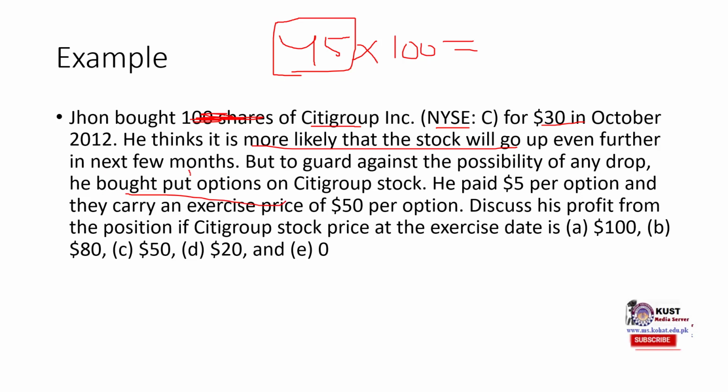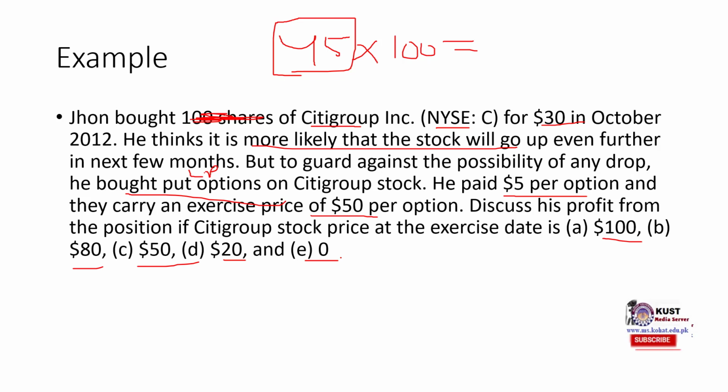Bought a put option means long put on Citigroup stock. He paid $5 per option. This is the price of the option, that is the premium. And they carry an exercise price, this is K, of 50. Discuss his profit and loss if the future spot price is 100, 80, 50, 20 or 0.